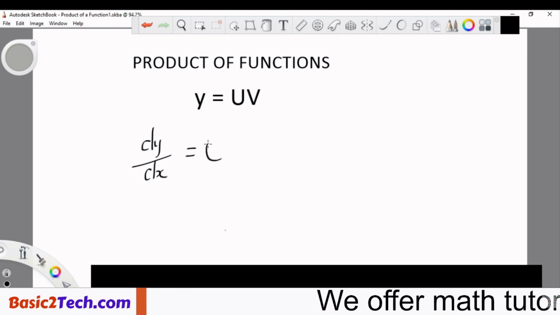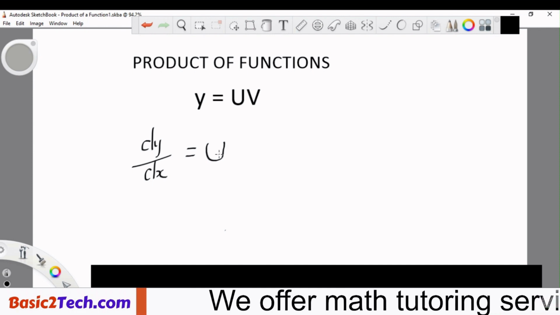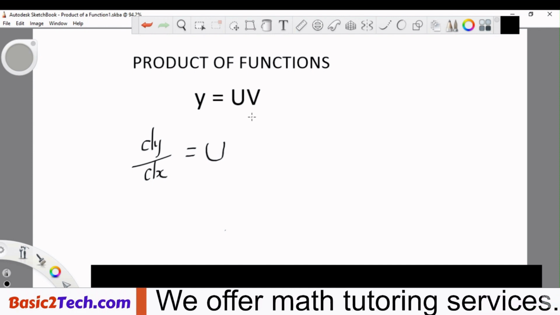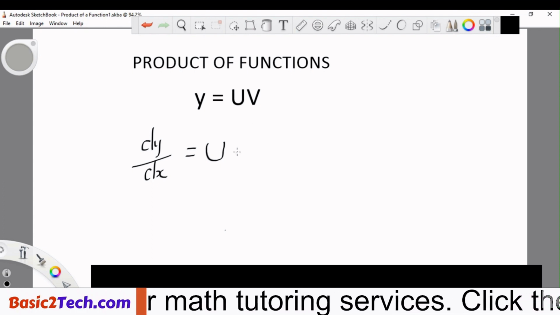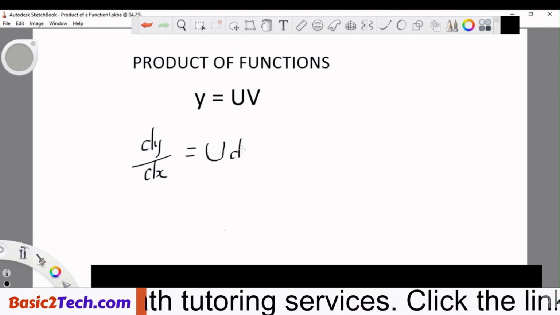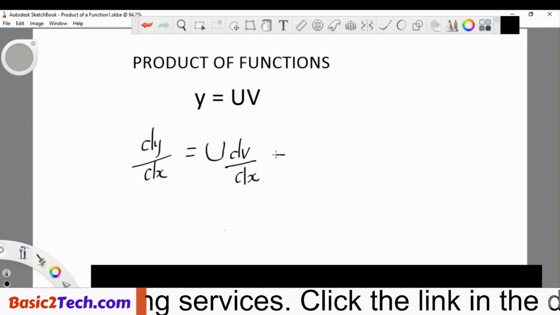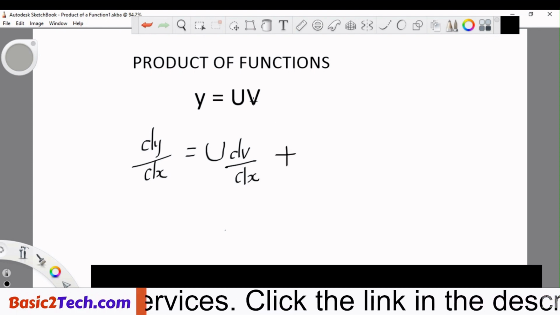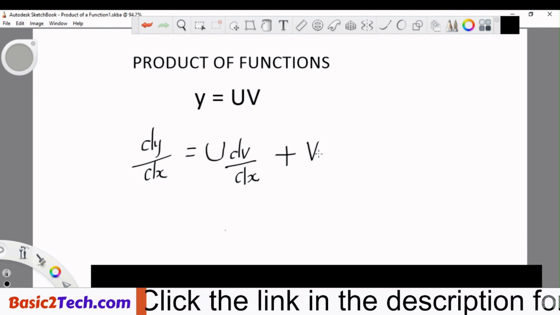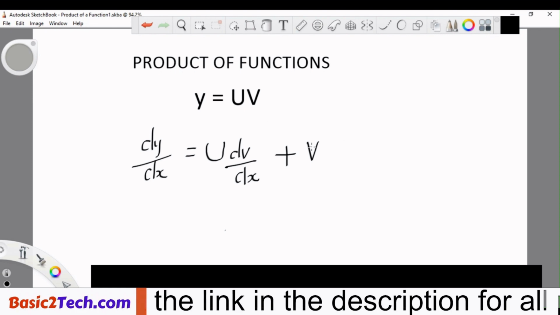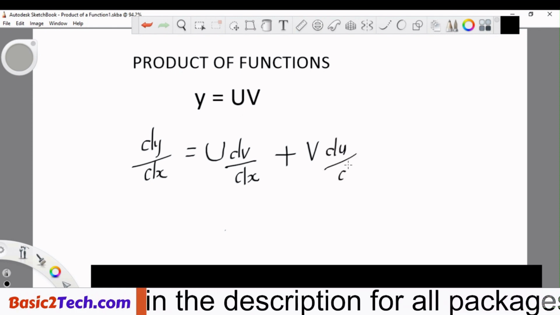So we'll put down u, then we multiply this with the differentiation of v. So it's u times differentiating v with respect to x, plus we put down the second function, which is v, then we multiply it with differentiating u. So we differentiate u with respect to x.